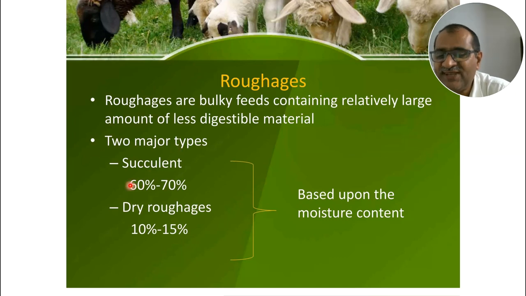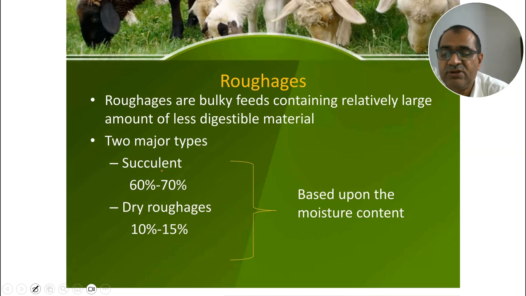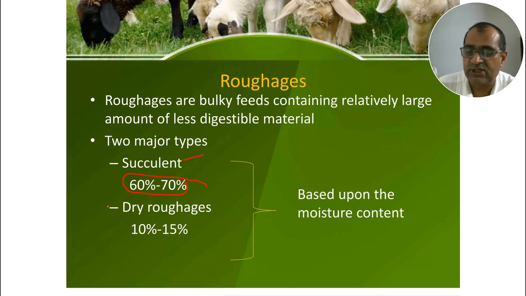One is succulent, which contains about 60 to 70% moisture, whereas dry roughages contain 10 to 15% moisture. They are classified based upon the moisture content of the fodder.